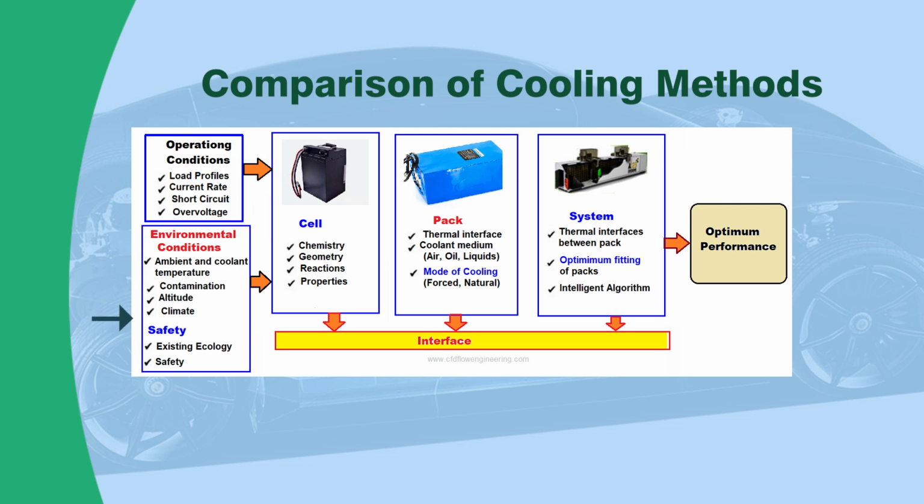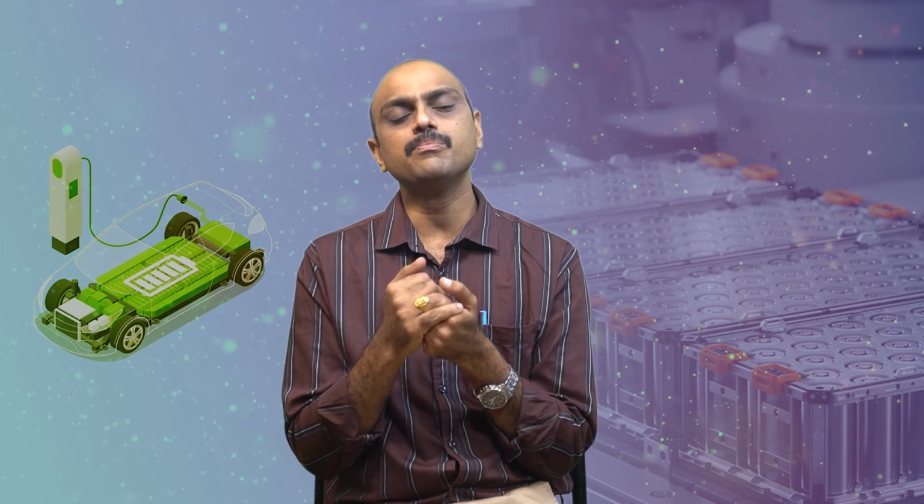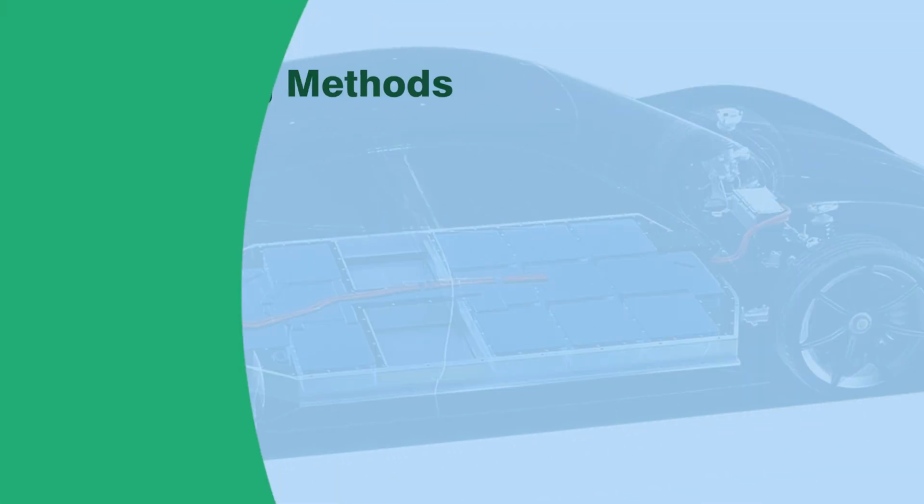Along with that, safety also should be taken care of. So, what is the existing ecology, what safety measures have been taken for each cell should be taken into account while we design the system for optimum performance.